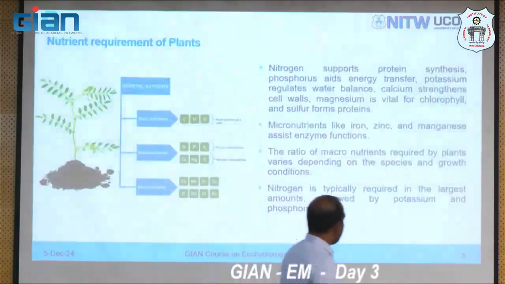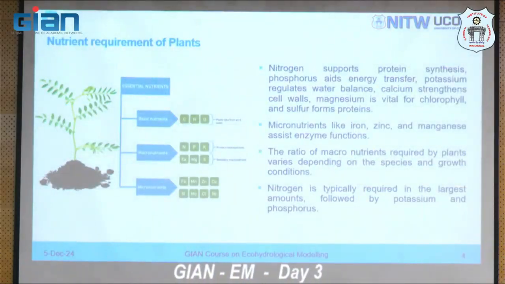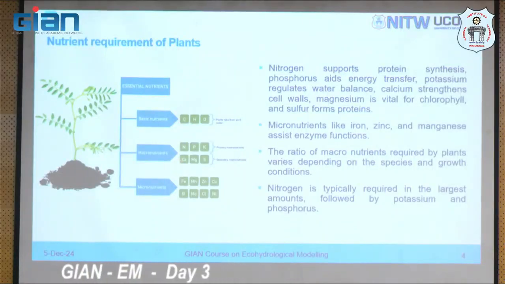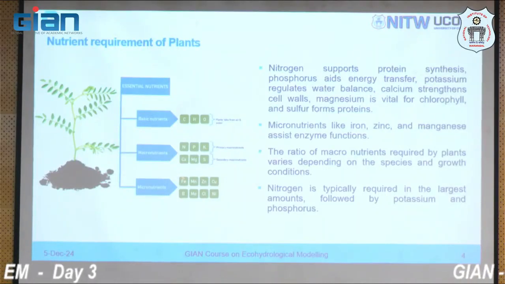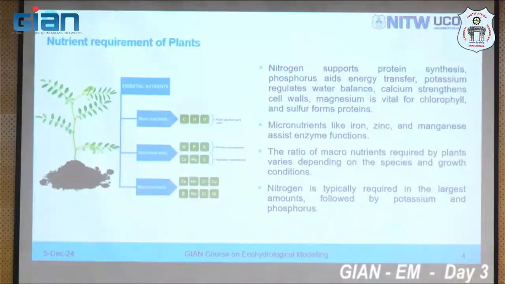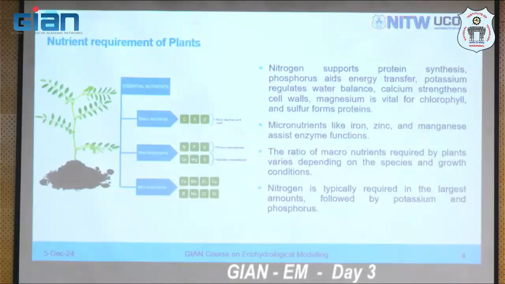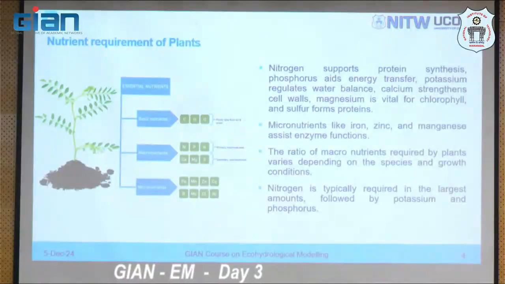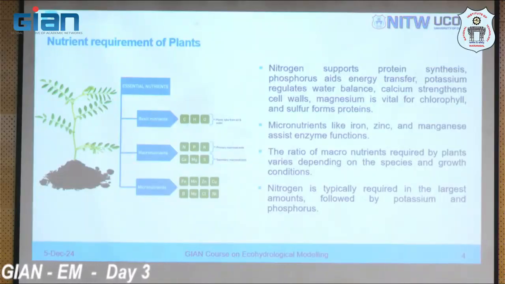So coming to the different nutrients: macronutrients are nitrogen, phosphorus, potassium, calcium, magnesium, and sulfur, whereas micronutrients are iron, manganese, zinc, copper, boron, and so forth, right? And there are some basic nutrients that are required, that is C, H, and O, carbon, hydrogen, and oxygen, which the plant takes from the air and water, but the macronutrients and micronutrients are usually absorbed from the soil.